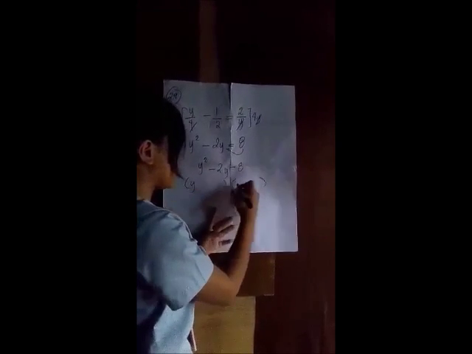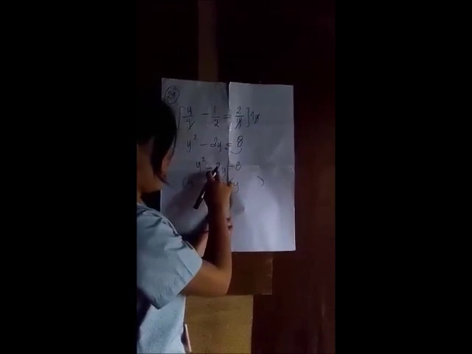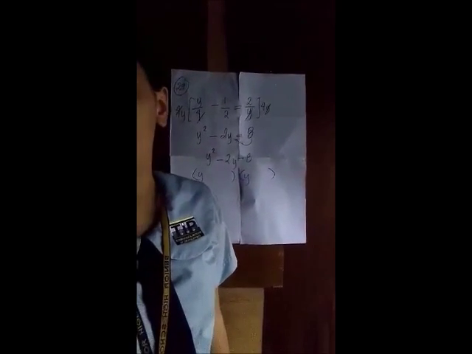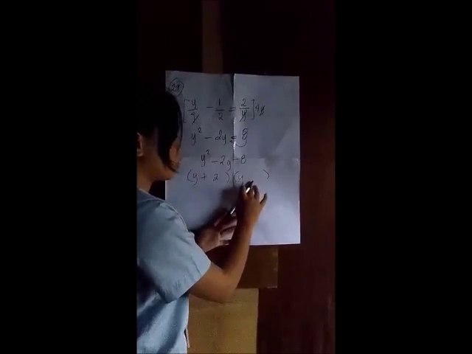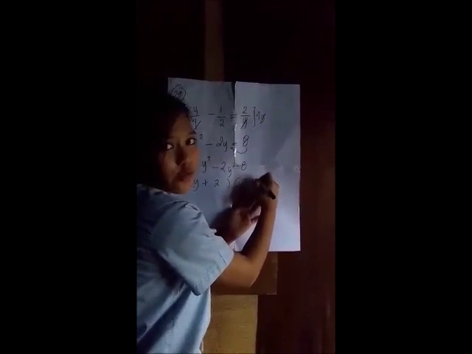So, ngayon kukunin ko na yung factor niya. Y squared is equals to y times y, plus 2, minus 4.